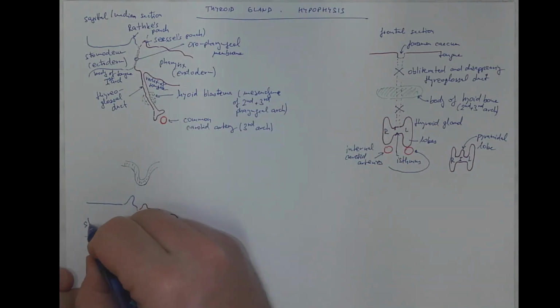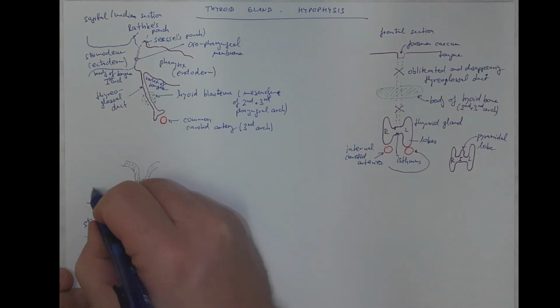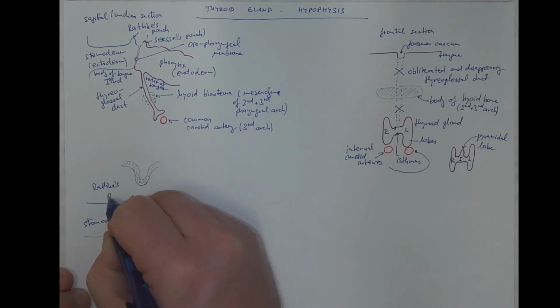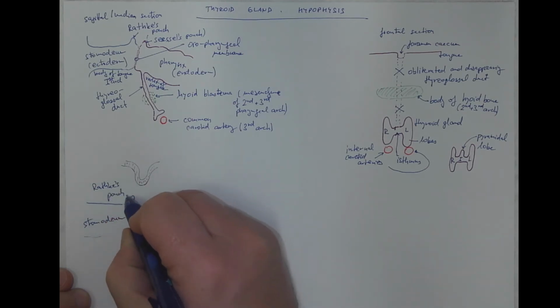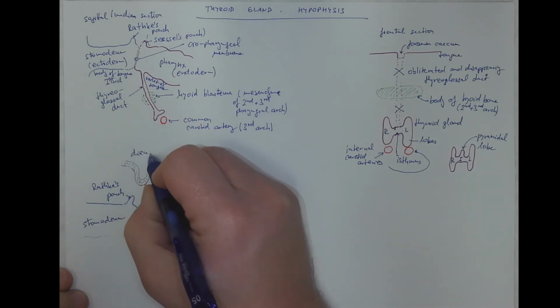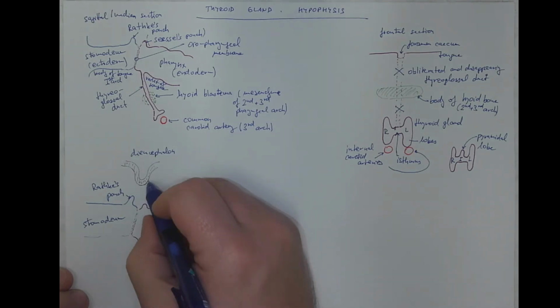So stomodium. Rathke's pouch. And this is the diencephalon with the infundibulum.